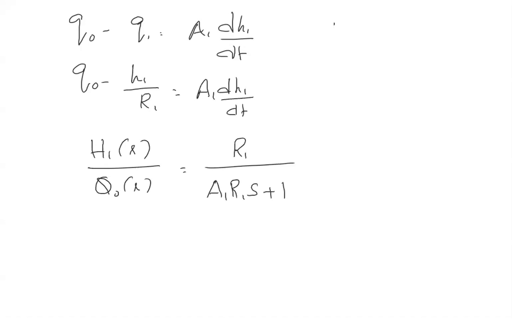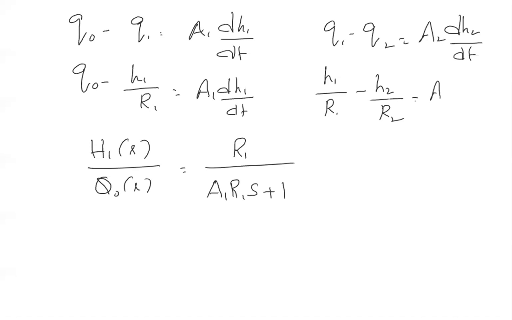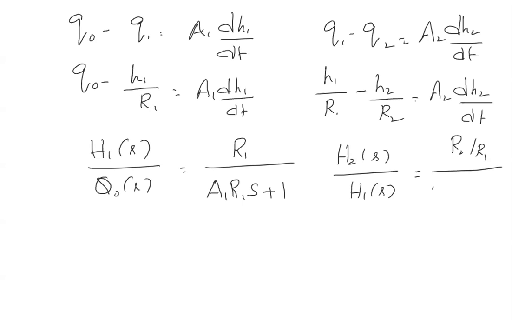What is it for the second one? Q1 minus Q2 equals A2 into dH2 by dt. So what is Q1? H1 by R1 minus H2 by R2 is equal to A2 into dH2 by dt. So from here, H2 of S by H1 of S is R2 by R1 divided by A2 R2 S plus 1.